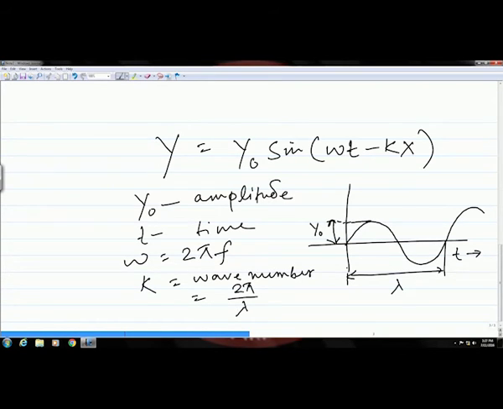Then the velocity which is given to the particles or to the atoms, q, is dy by dt, so q will be equal to this.